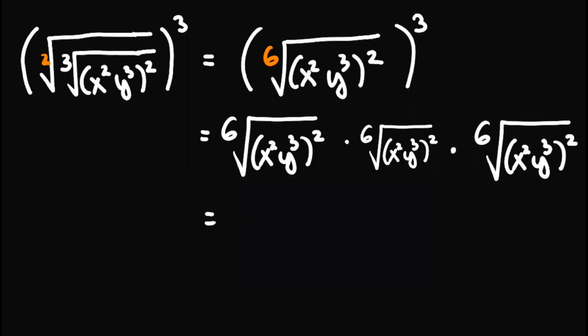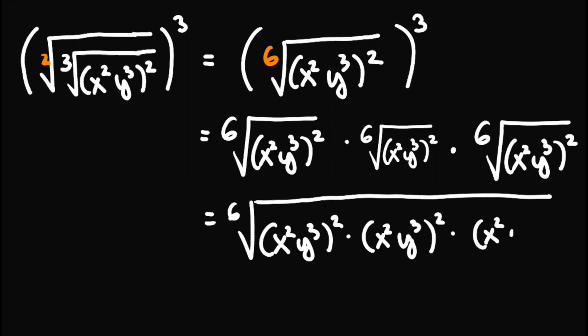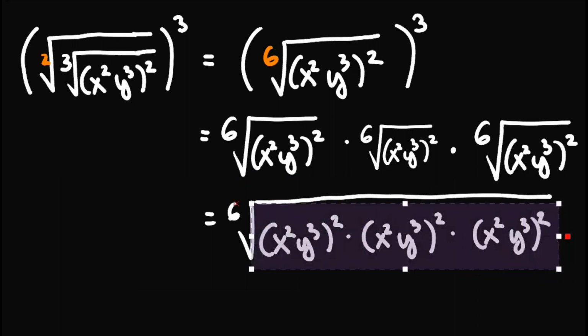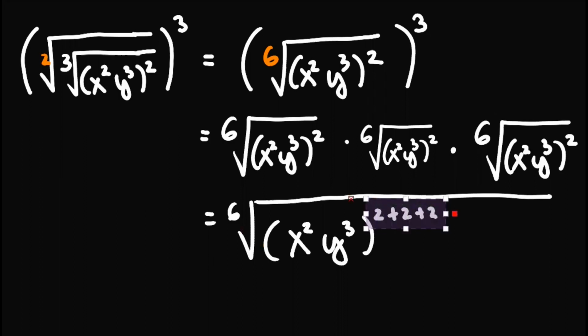So we'll have here the 6th root of x squared y cubed squared times x squared y cubed squared times x squared y cubed squared. Or this one is simply, by laws of exponents this time, equal to x squared y cubed raised to 2 plus 2 plus 2, or 6.